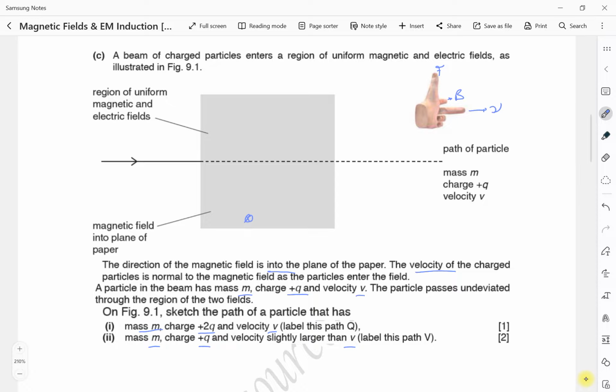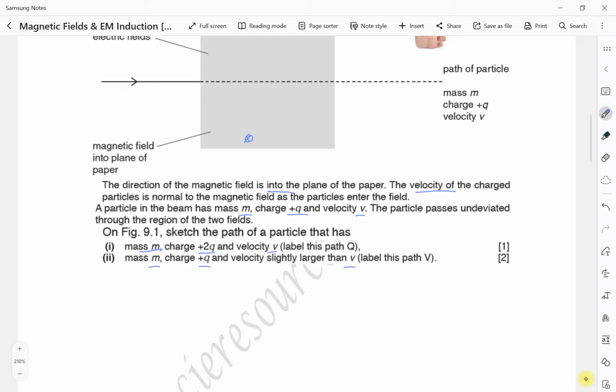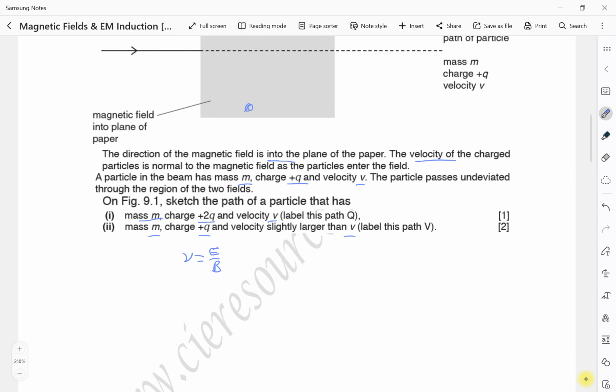Okay, so the path, remember the path depends on v equals E over B. It is not depending on the charge, it is not depending on the speed. So the path depends on E over B. So for the first particle, for Roman 1, the velocity is unchanged, then the particle is also undeviated.